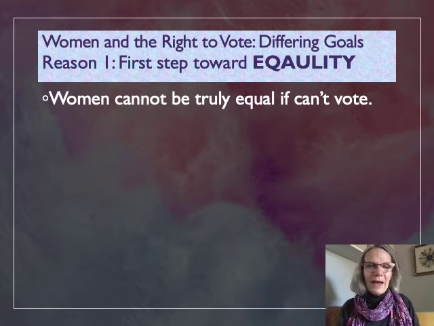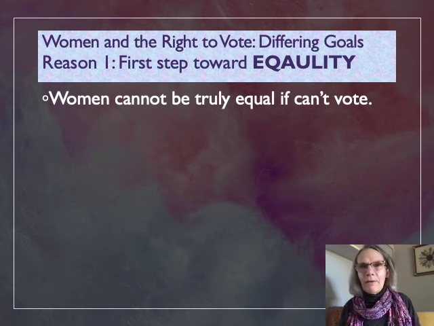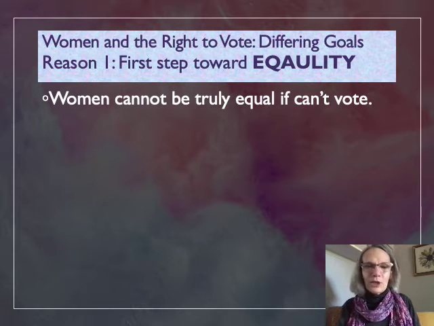And furthermore, not only are you seen as a second-class citizen, but if you're not allowed to vote, you can't change policies that are taking away your equality, right? That are reducing or diminishing your equality.